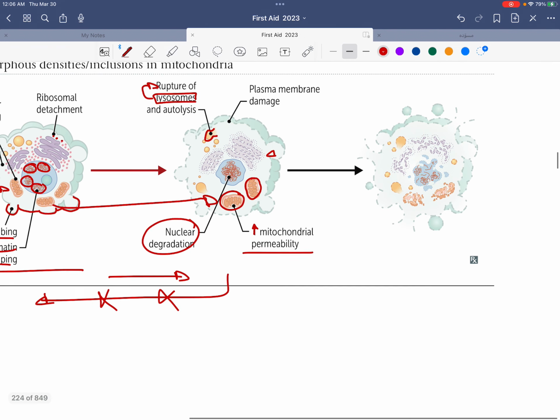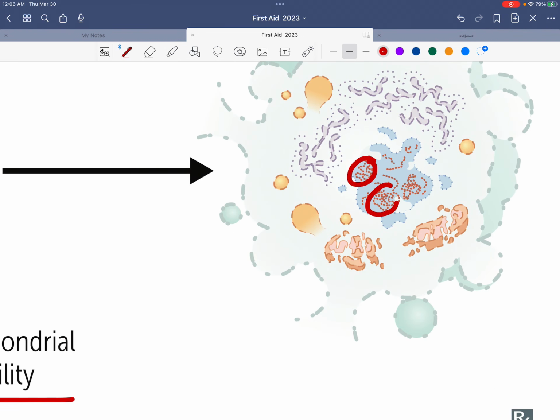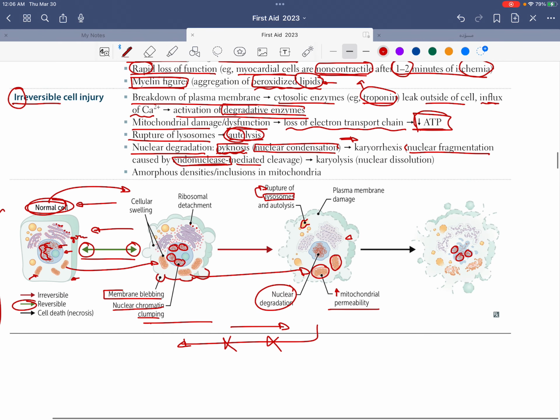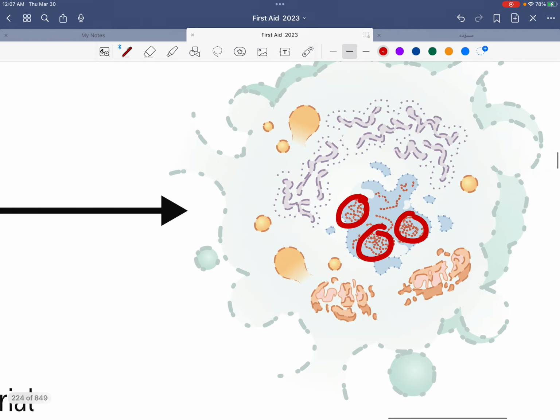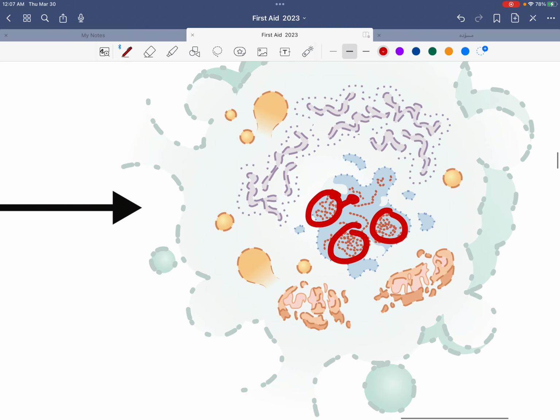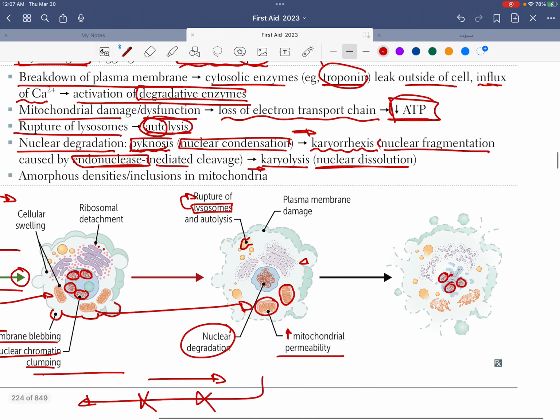There are going to be small fragments of the chromatin material, and that's called karyorrhexis. Finally, the worst part of it is karyolysis, when all of this nuclear material dissolves. There's nuclear dissolution, so it just disappears, from these tiny clusters into absolute disappearance.